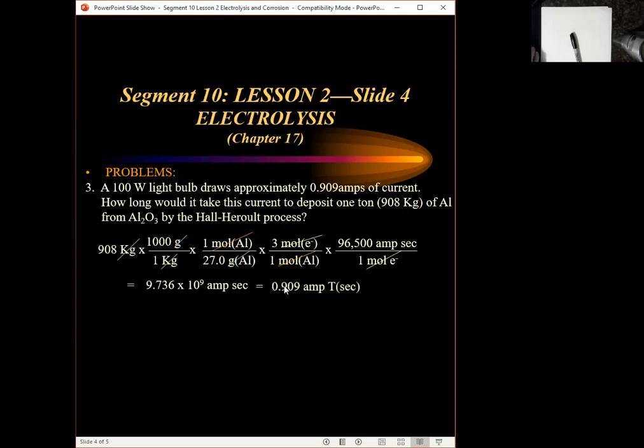The current carried by the light bulb is 0.909 amps, so we can calculate the seconds. That's a big, big number, so let's convert that into days and into years.